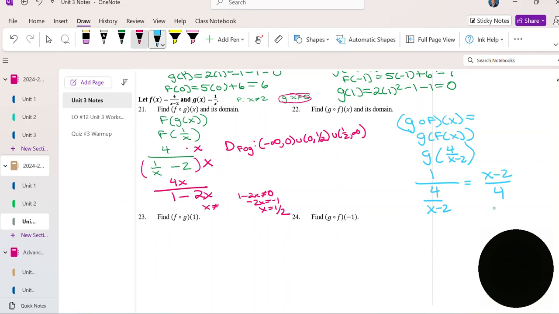So here the domain is all real numbers, right? Here, though, you cannot put in 2. You can't put in 2 to the 4 over x minus 2, but you can put in anything to the end. So the domain of g of f is from negative infinity to 2, union 2 to infinity.